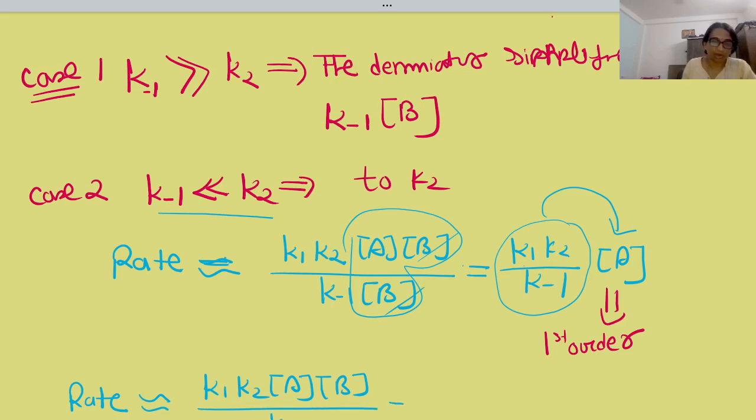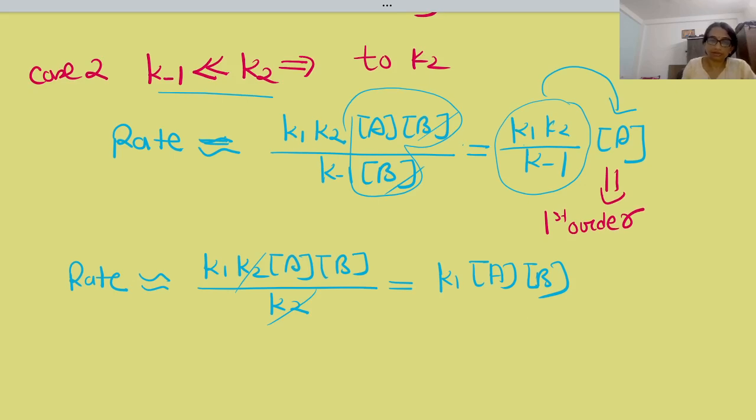Solving this equation, K2 cancels, leaving K1 [A][B]. That means the rate of reaction depends on two concentrations, A and B, so this reaction is a second order reaction.